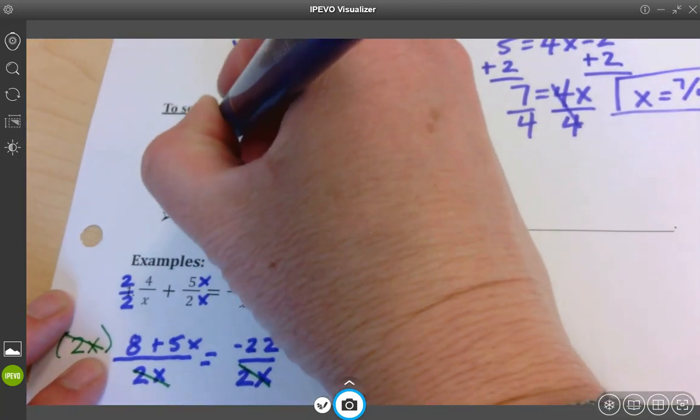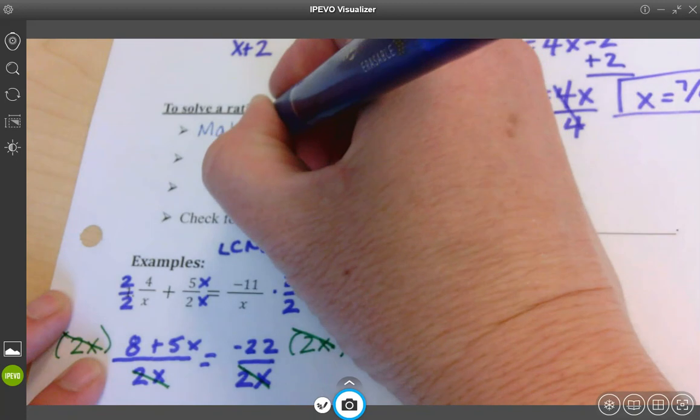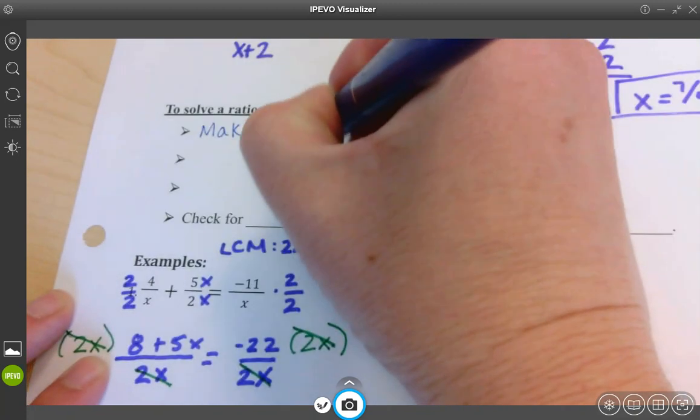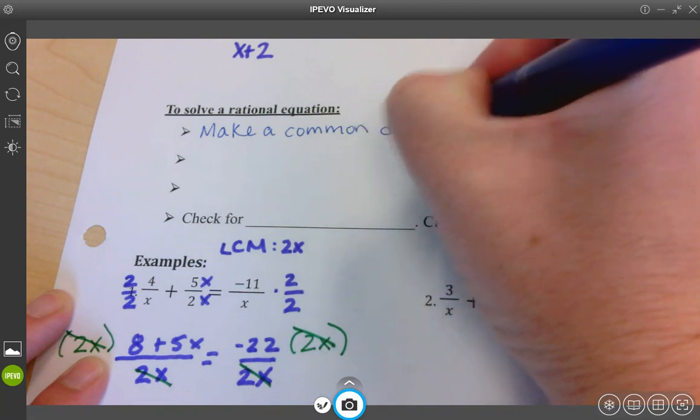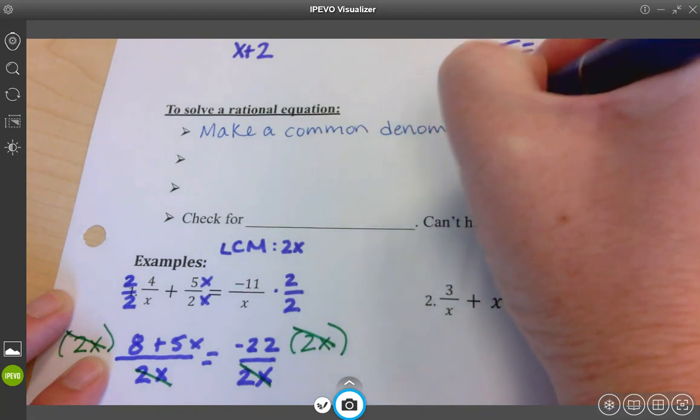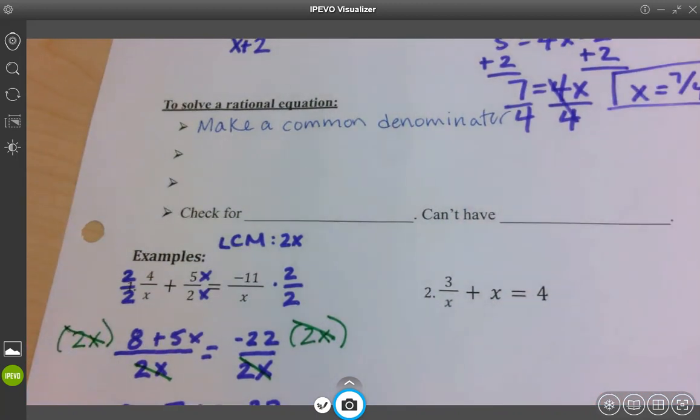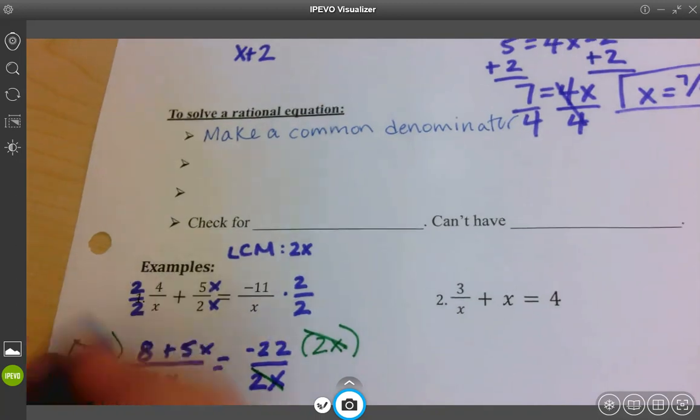I'm going to say make a common denominator. Okay. So once we have a common denominator on both sides, then we eliminated the denominators by multiplying both sides. So we got rid of them.